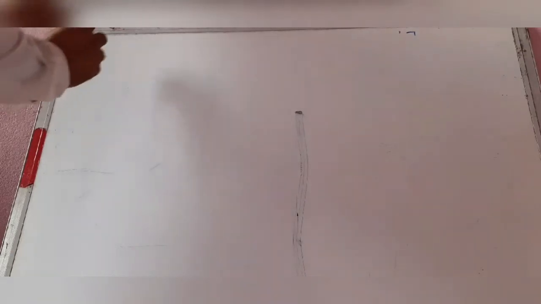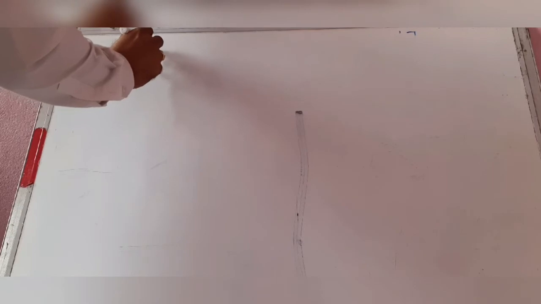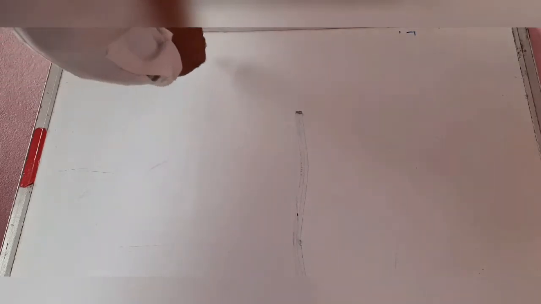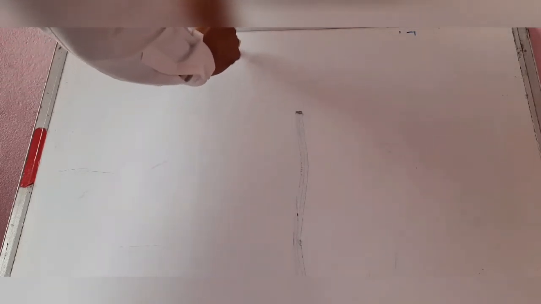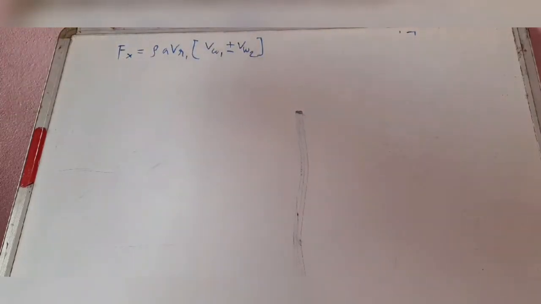We can combine both these equations as Fx equal to rho a vr1 into vw1 plus minus vw2. This is the combined equation.